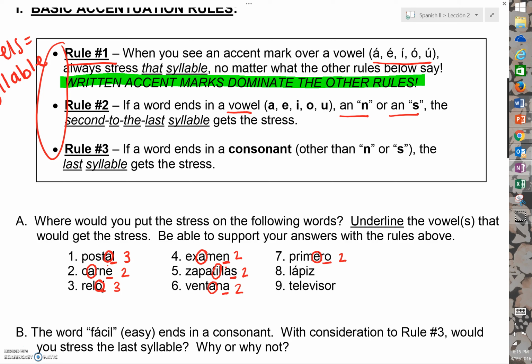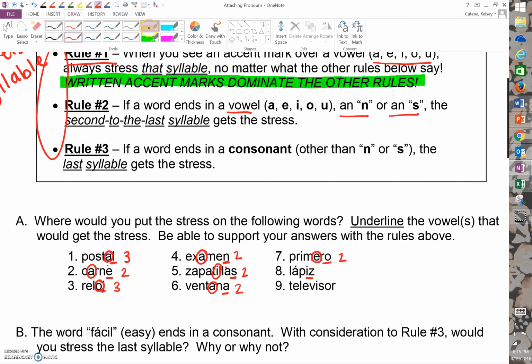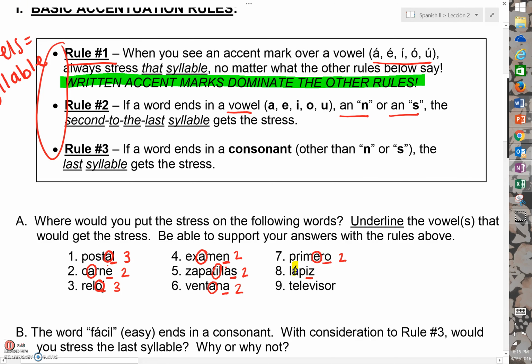Lápiz. Awesome. Lápiz ends in a consonant other than N or S, so rule 3 tells us that the last syllable would get the stress. But wait, there's something not quite right about lápiz. What do you notice about lápiz? Do you notice there's an accent on this A?